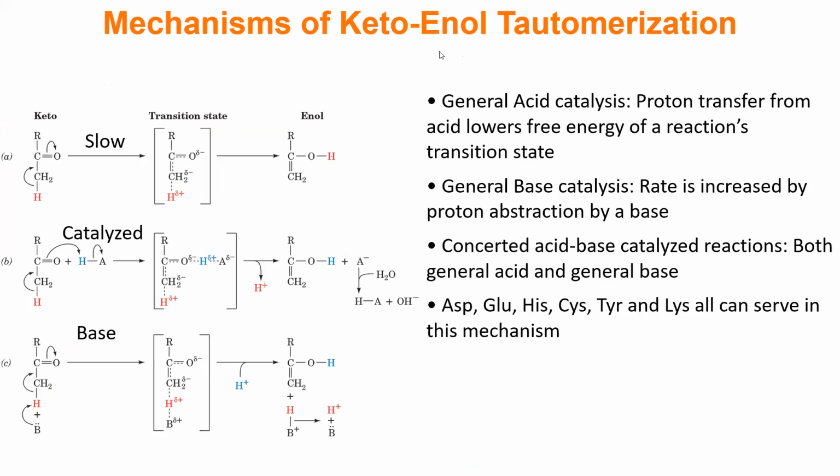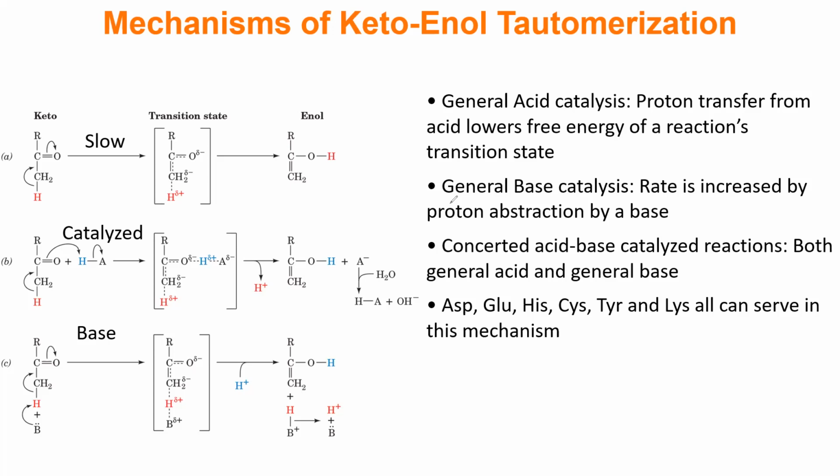And where we're going to pick up today is we're going to look at enzyme mechanisms. They're going to be similar to the mechanisms you went over in organic chemistry, except they're for enzymes. So we're going to start with acid and base catalysis.